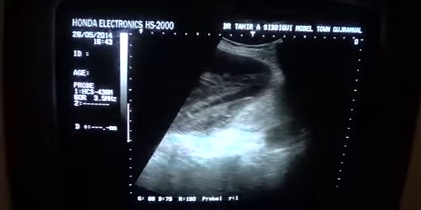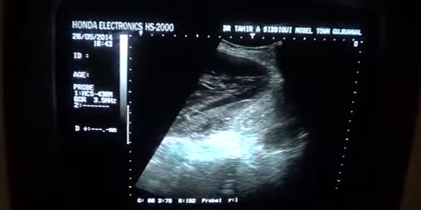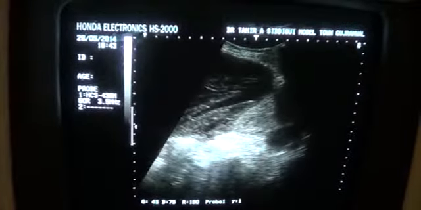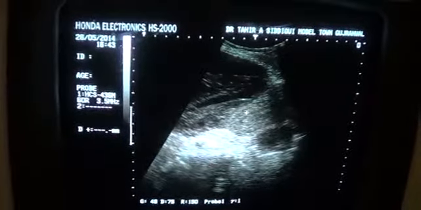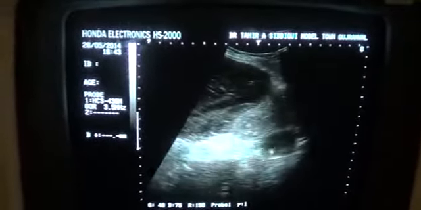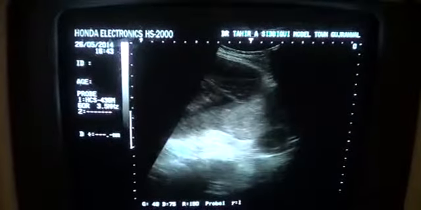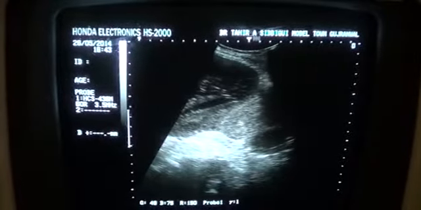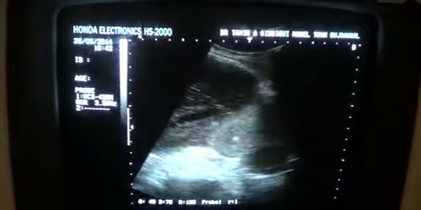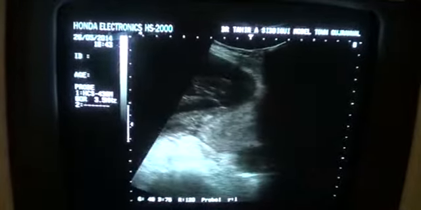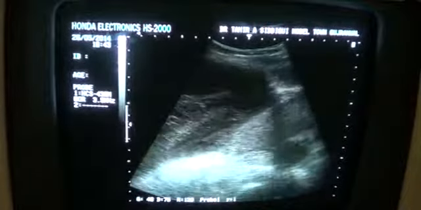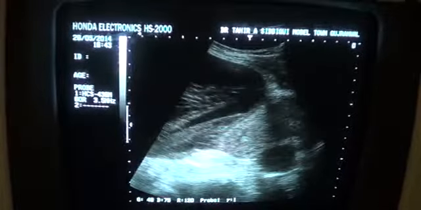The uterus is being surrounded by fluid from all sides. This is the uterus, this is the endometrial canal, and it is surrounded by fluid from all sides. Though no breach is seen in the myometrium, then something has happened.